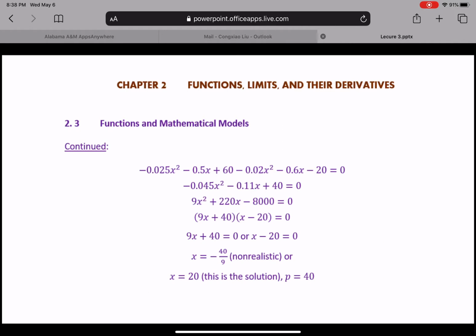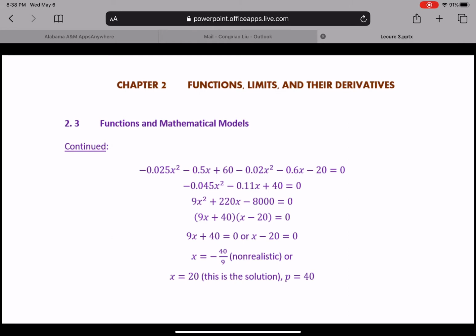Like in this example, we can divide all the terms on the left by negative 0.005. If you do that, then you're going to get the equation of 9x squared plus 220x minus 8,000. And then you can factor the left-hand side to get 9x plus 40 times x minus 20 equals 0.